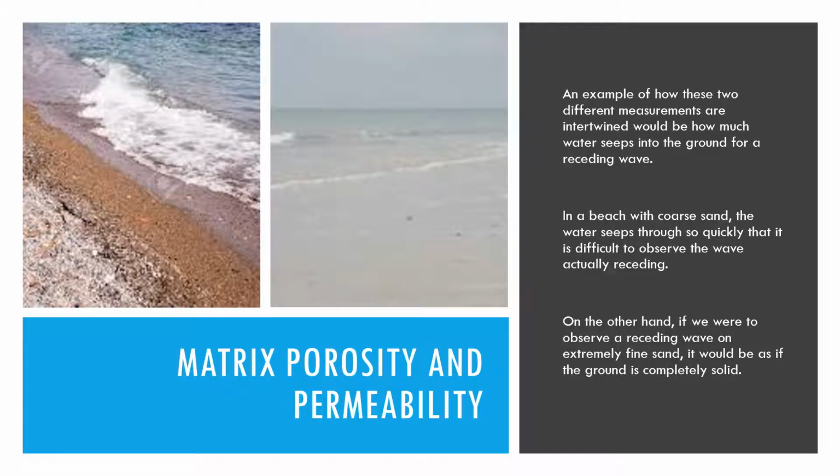An example of how these two different measurements are intertwined would be how much water seeps into the ground for a receding wave. So the picture on the left, even though quite unclear, you can see it's a beach with coarse grained sands. So the grains here are bigger.